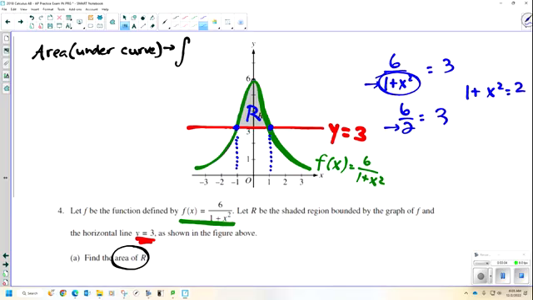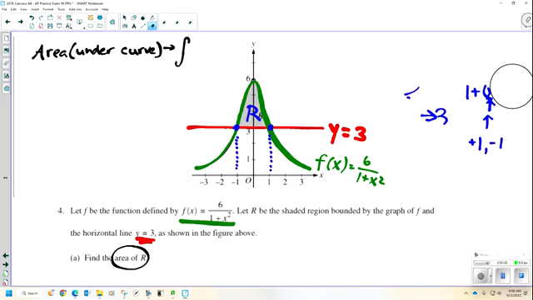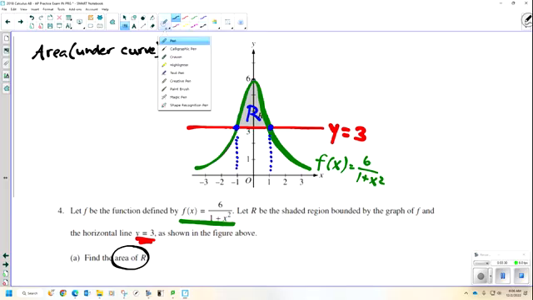Well, I could put a +1 or a -1 in here because squaring it will make it positive anyways. So 1 plus 1 is 2. That means the bottom is 2. 6 divided by 2 is 3. Look at all that fancy work there. So you could check that algebraically if you wanted to. But that's not the important part here.